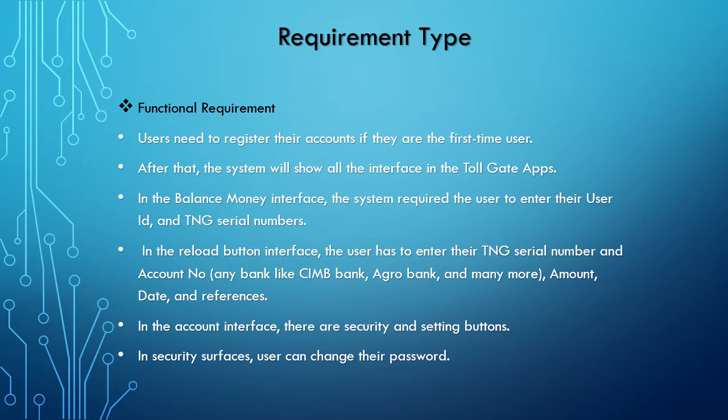In the reload button interface, the user has to enter their TNG serial number, account number, amount, date, and reference. In the account interface, there are security and setting buttons, with which the user can change their password or other information.